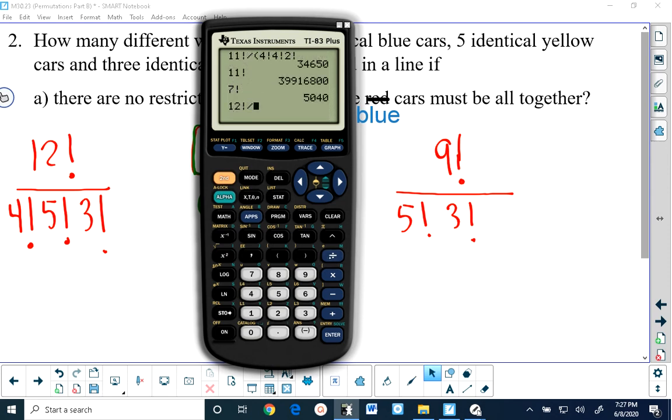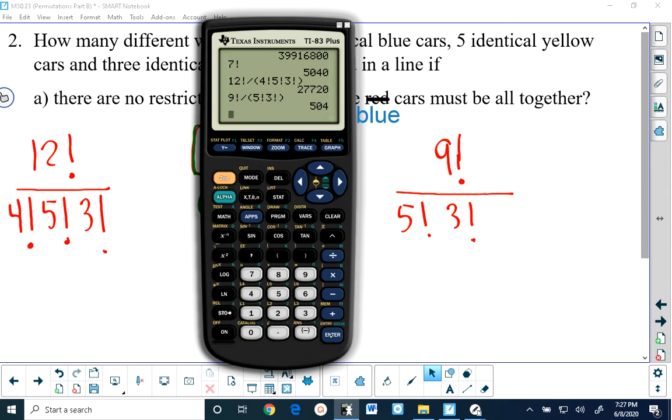12 factorial divided by, in brackets, 4 factorial, 5 factorial, 3 factorial, gives us 27,720. That's the answer to 2A. And 2B is 9 factorial divided by, in brackets, 5 factorial multiplied by 3 factorial, which gives 504.